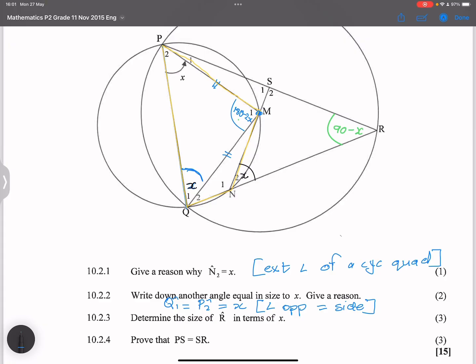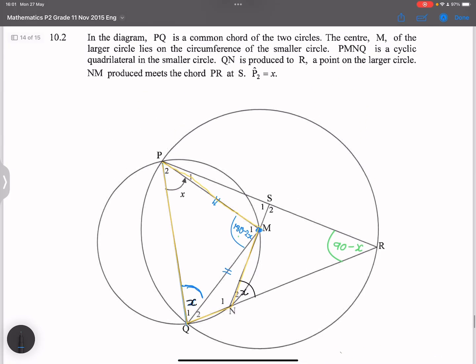Now they say determine the size of R in terms of X. What we did, ladies and gents, was to say, well, we know what the size of M1 is. So I'm going to answer it over there. So 10.2.3, we said angle M1 is equal to 180 minus P2 plus Q1.